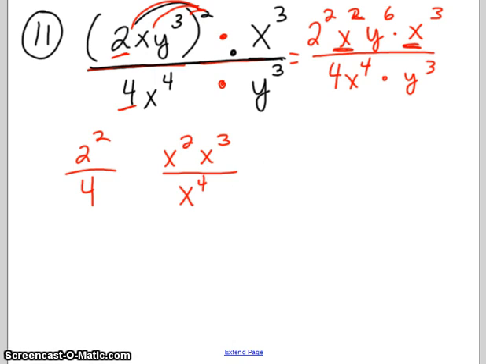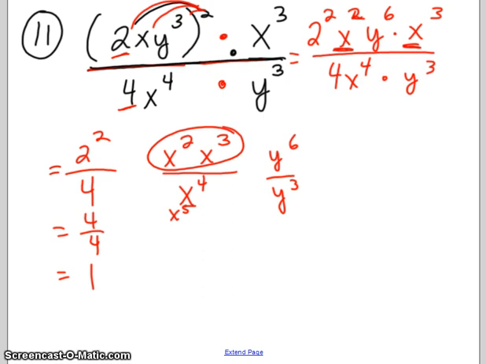Alright, and then for my y's, I have y to the 6th up top, and I have y to the 3rd down below. Okay? Well, with the first one, 2 squared is 4, so I have 4 over 4, which is just 1. With my x's, I have x to the 5th up top, 2 plus 3, over x to the 4th.